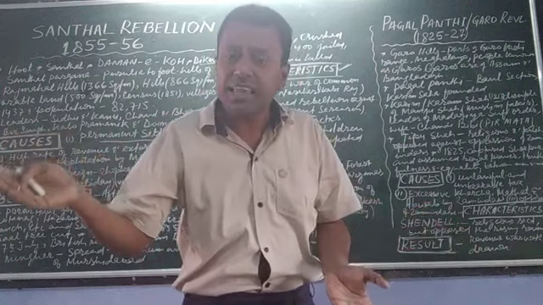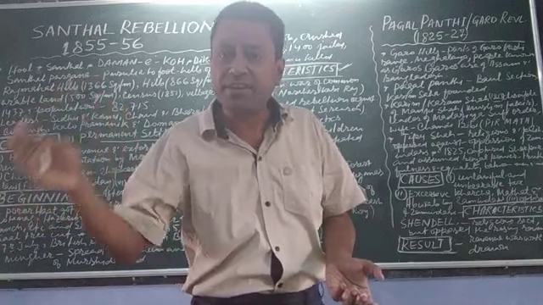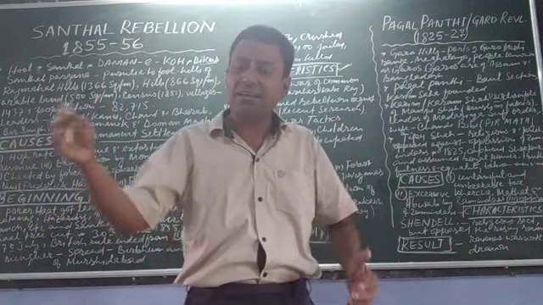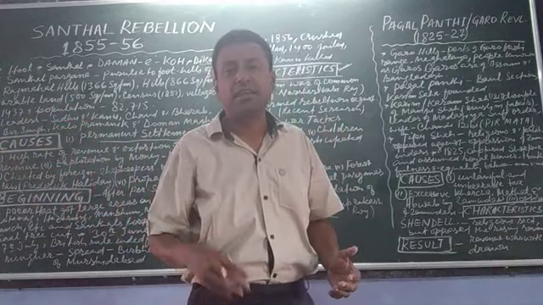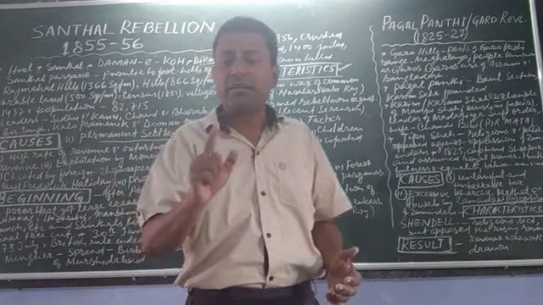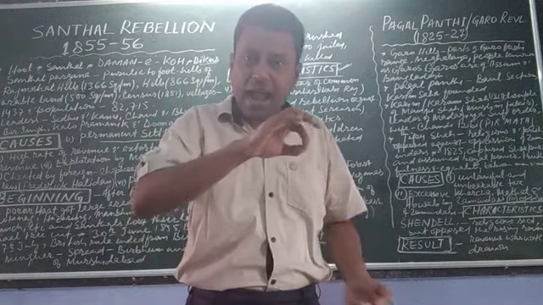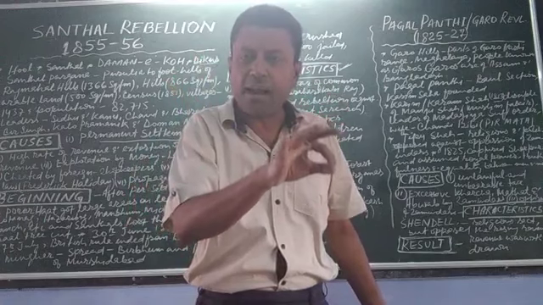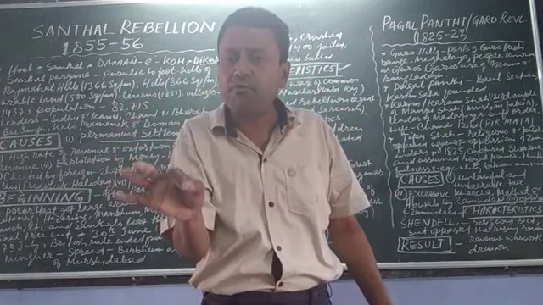After the establishment of the colonial government in Bengal, the British government imposed tax on them through the zamindars, but Tipu Shah opposed. That means a transformation from a religious movement to a political movement.